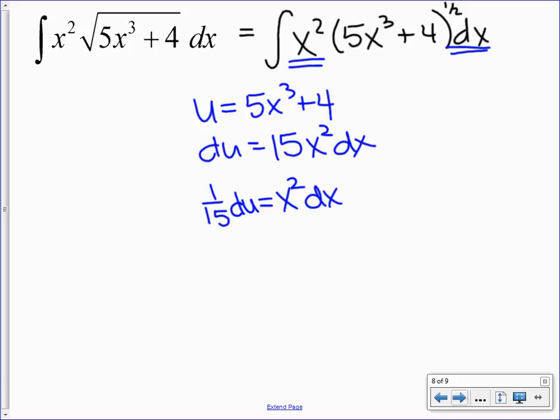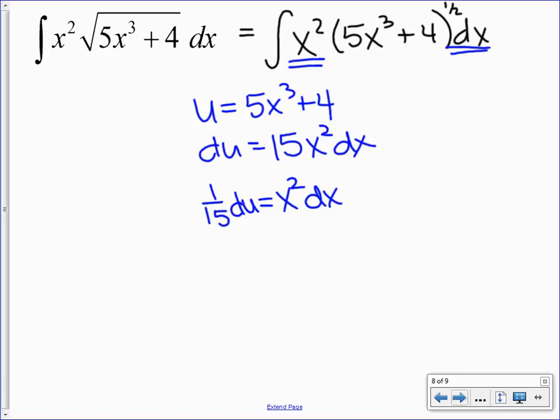How did I get 1/15 du? I divided the 15 over. Thank you, Chris. So, whatever you have in your integral, that's basically what you need to isolate out of this differential, and then you can do your substitution.